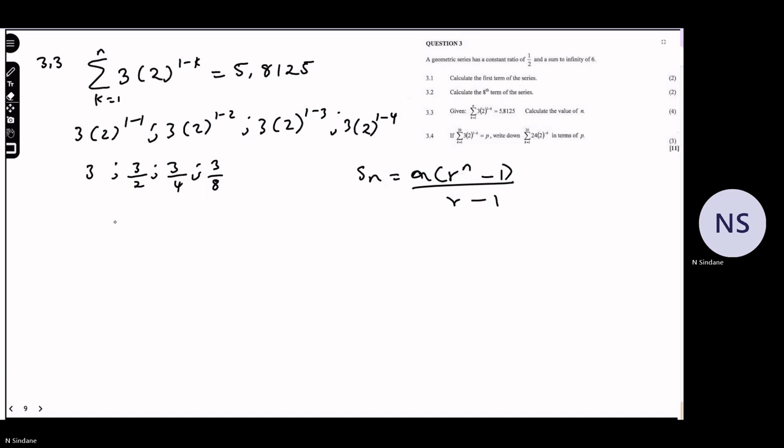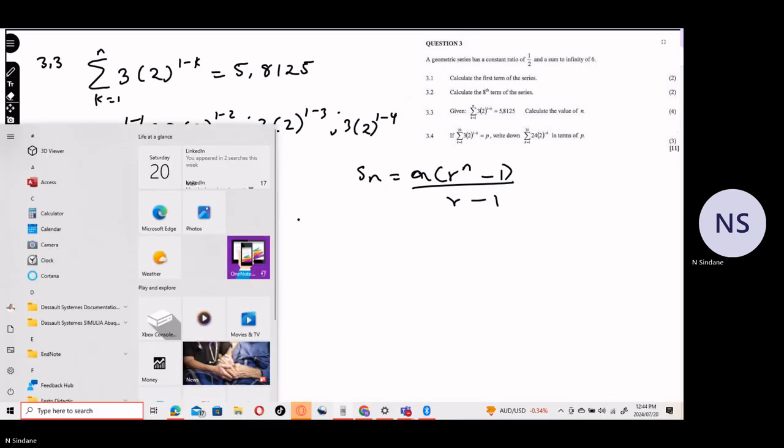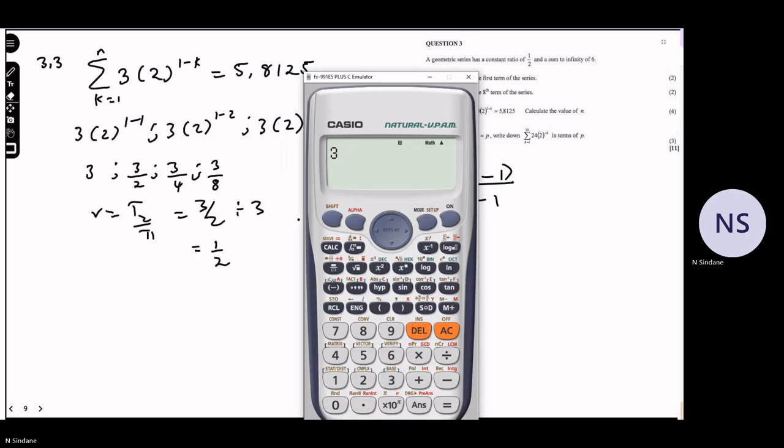So r is equal to T2 over T1, which is 3 over 2 divided by 3, and this will give us 1 over 2. Let's just prove it. This is 3 over 2 divided by 3, definitely 1 over 2.